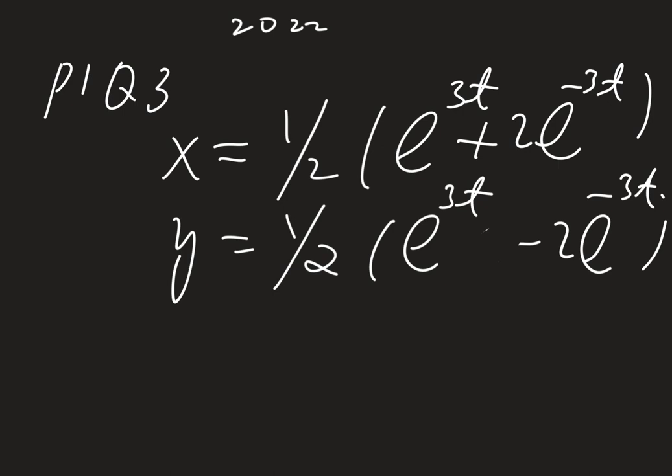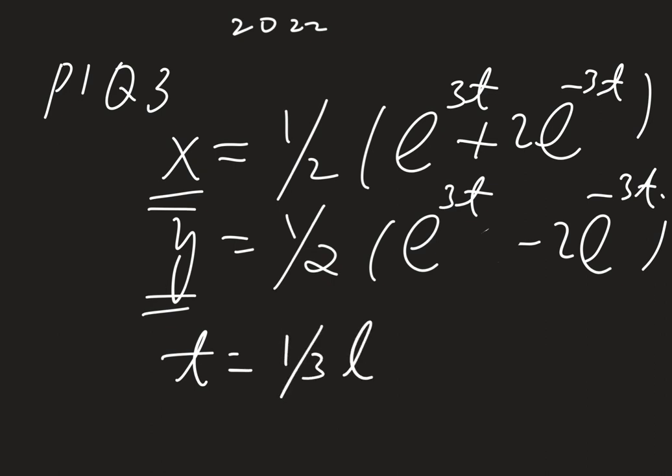This is the parametric curve in y and x. We are asked to find the gradient of the normal to the curve at t equals 1 over 3 ln 2.